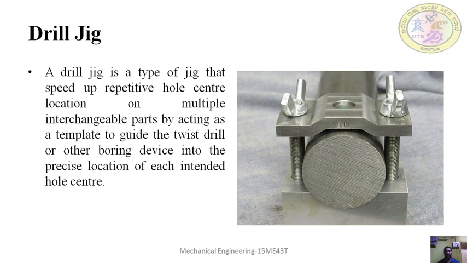A jig is a device which guides the tool, including the clamping of the workpiece. A drill jig is used specifically for speeding up the finding of the location of the hole to be drilled on multiple and interchangeable parts by acting as a template.